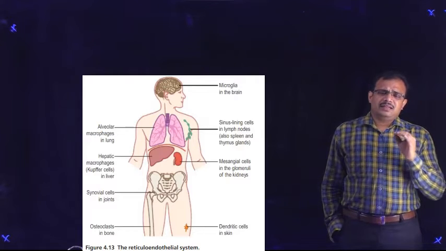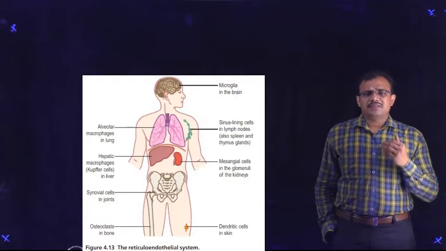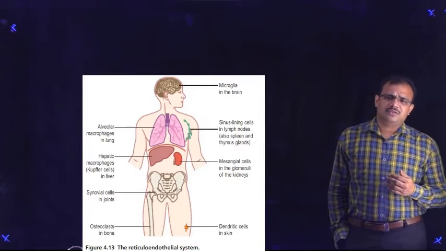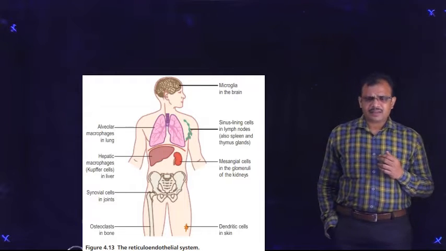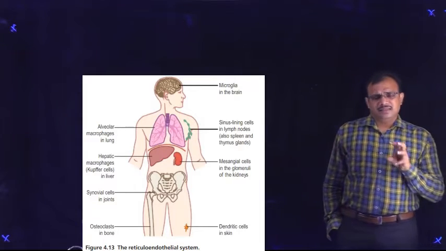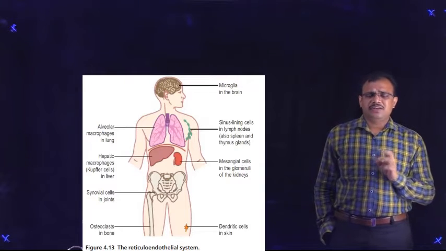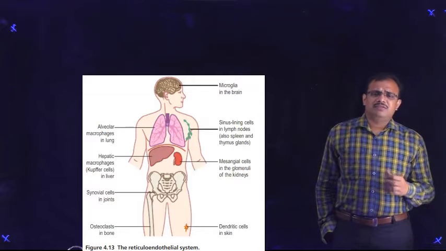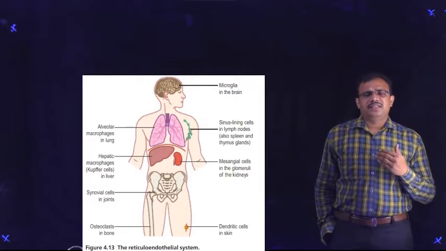And in the liver, the monocytes are differentiated into Kupffer cells. Kupffer cells are also called hepatic macrophages. Whereas in the synovial joints, they form the synovial cells, in the bones they form the osteoclasts, and in the skin they form the dendritic cells.